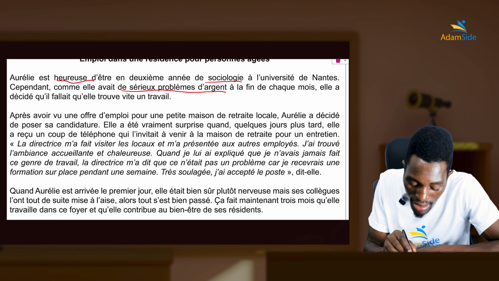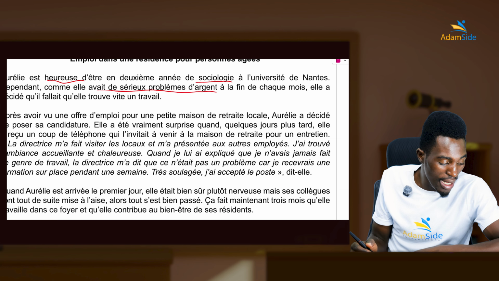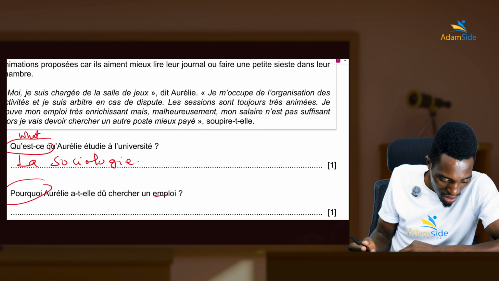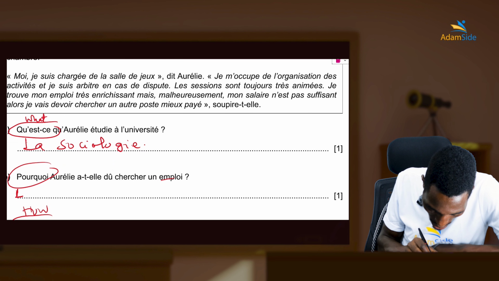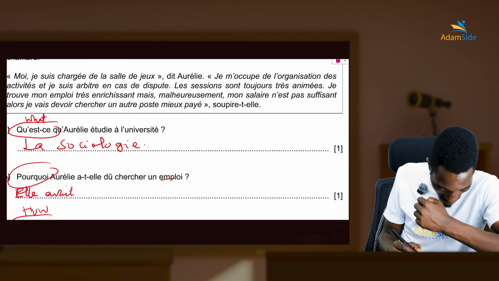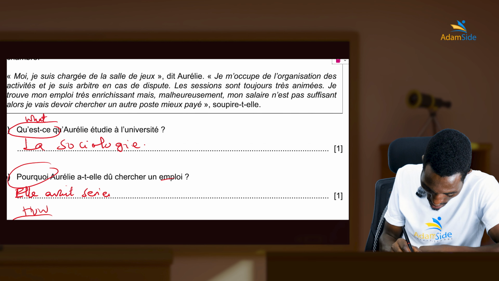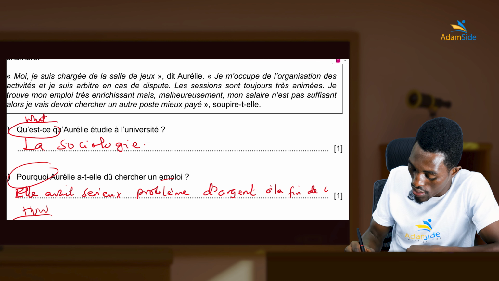So, what made her find a job is sérieux problèmes. She had a problem of money. She didn't have money, that is why. So we have to say elle avait sérieux problème d'argent à la fin de chaque mois.